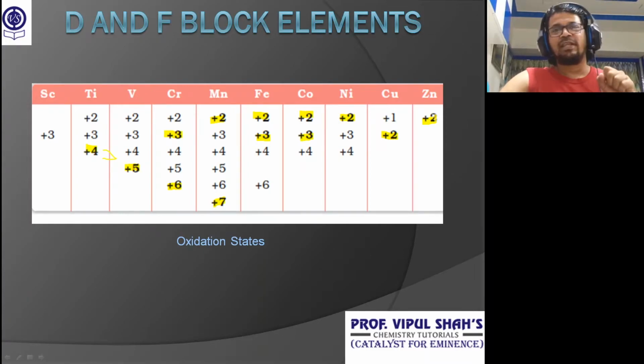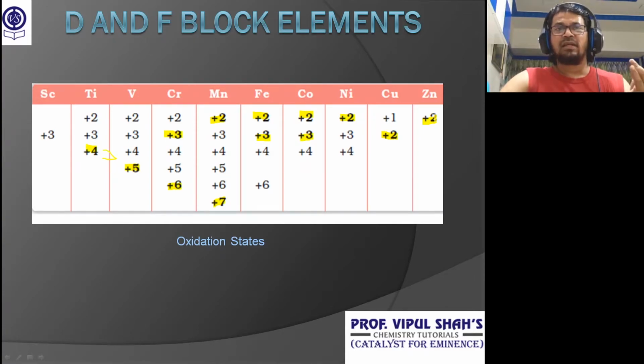And the variable oxidation state corresponds to electrons of 4s plus unpaired electrons of 3d, that is (n-1)d. With respect to that, there is the stability rule: half filled, completely filled and empty orbitals are more stable than incompletely filled orbitals.